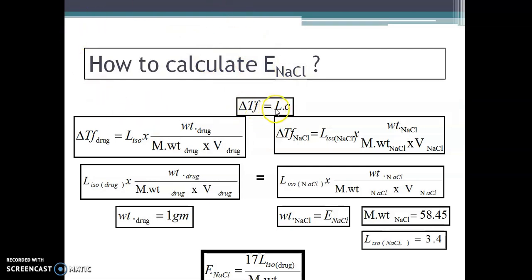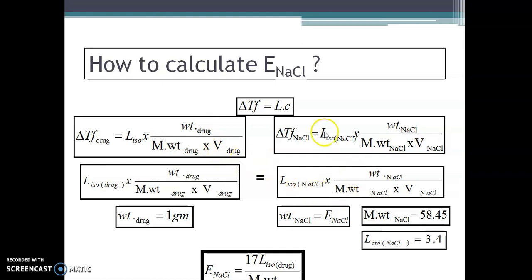Delta Tf of the drug equals L isotonicity into X, the weight of the drug divided by the molecular weight of the drug, X into V, the volume of the drug solution.